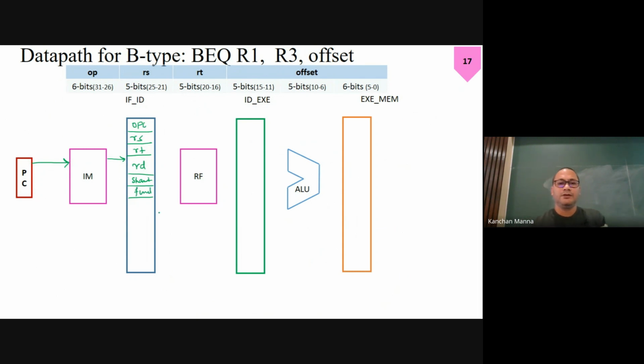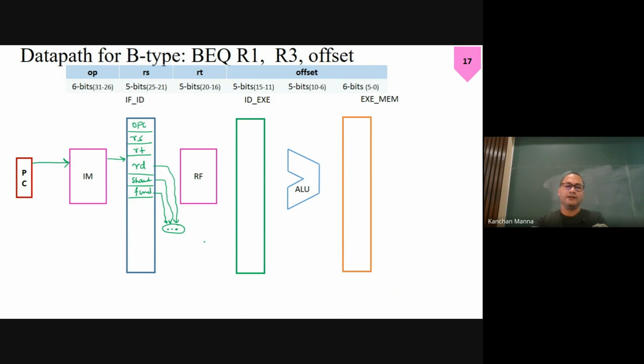Now what will we do? Let's say we have some operation. We'll concatenate these three fields, and then we'll get the offset. So we'll concatenate all those three things. Let's say that is a concatenate operation.